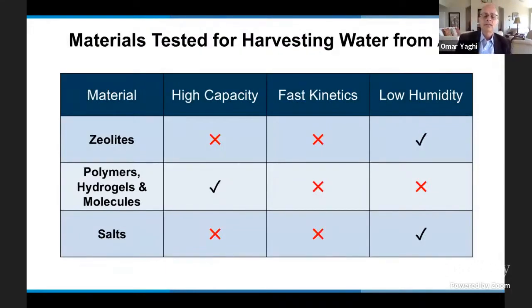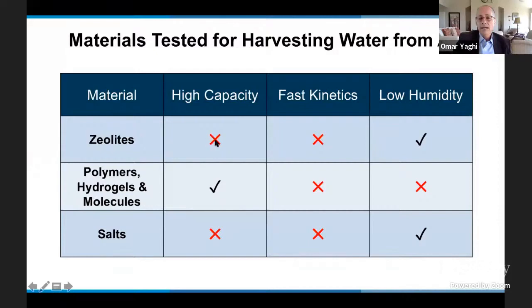But first, as I said before, there's been many attempts to do this before. There are many materials that are now being examined, such as zeolites, polymers, hydrogels, even molecular crystals, simple salts.